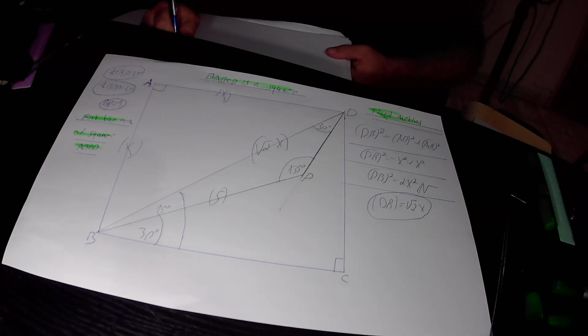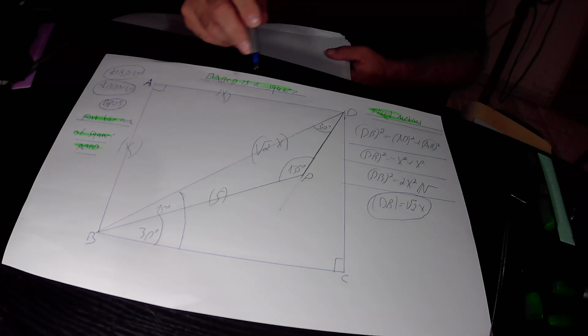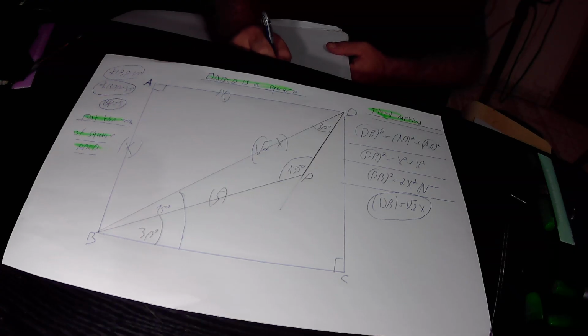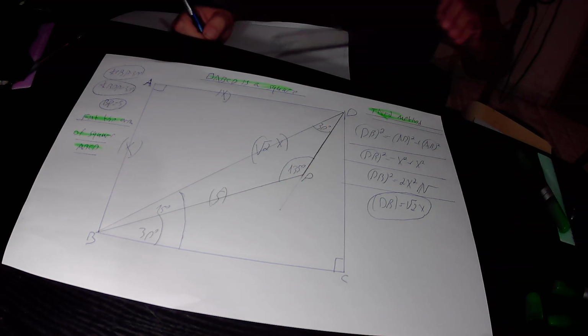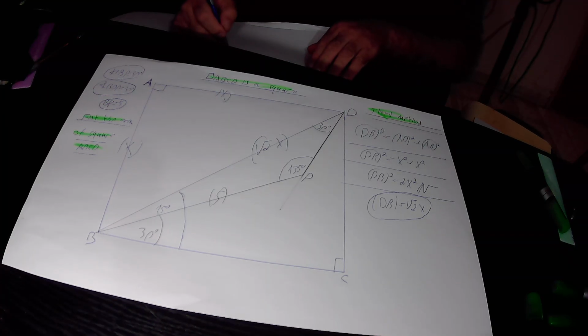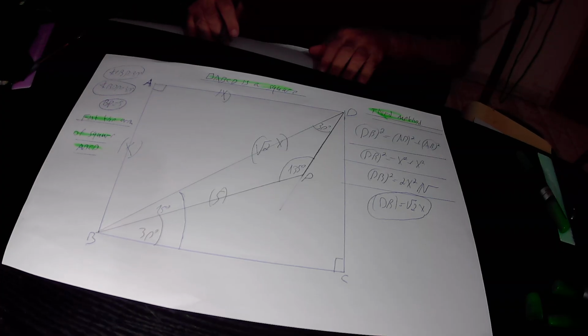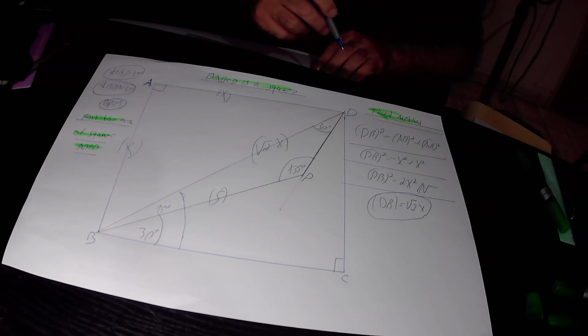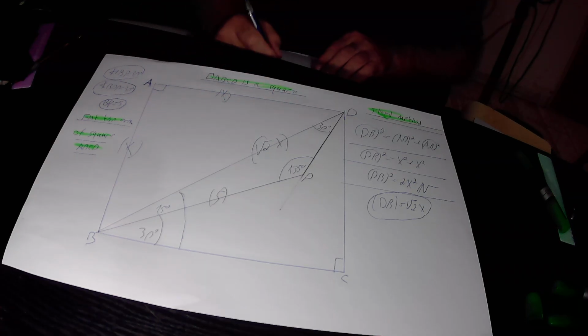According to the law of sines in this triangle DBP, DB over sin 135 degrees equals PB over sin 30 degrees.